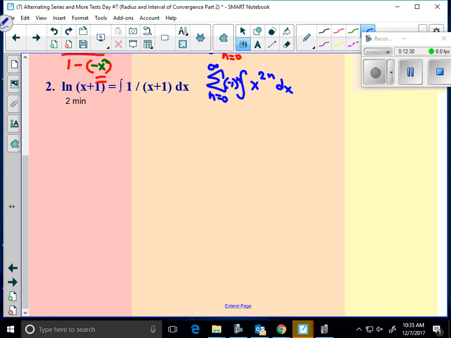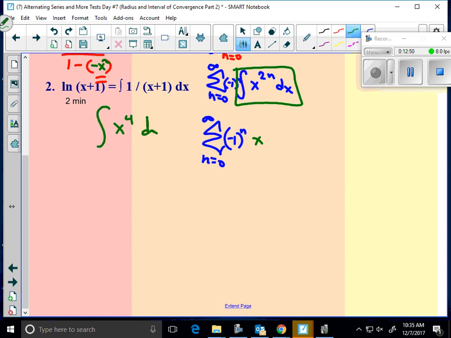So how would I integrate that? Well, I'd add 1 to the exponent and divide by that same thing. So this would really be n equals 0 to infinity, alternator, and then this integral turns into x to the what power? What does the integral of x to the 4th dx turn into? X to the 5th over 5.